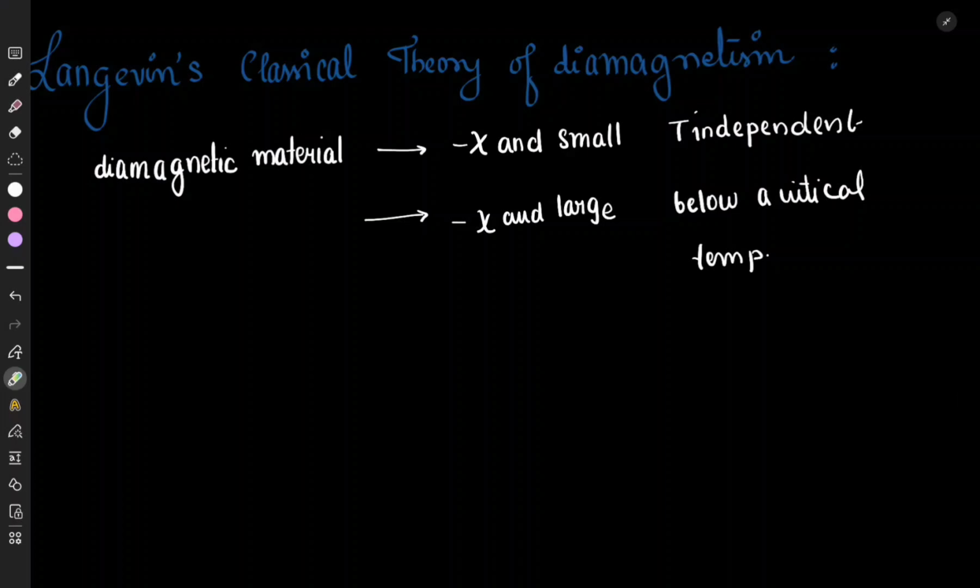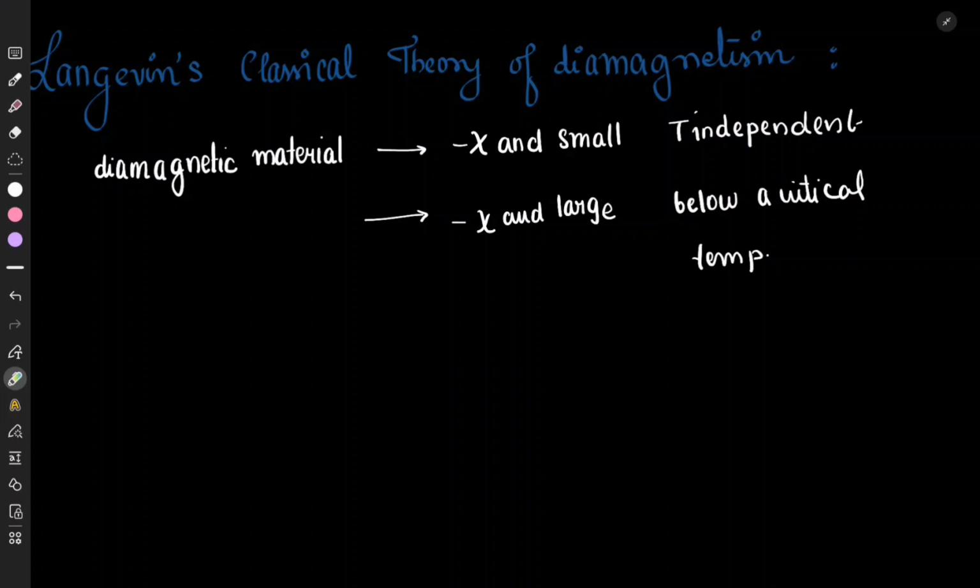The reason why the susceptibility is negative is because, let's consider a case where a diamagnetic substance like silica is kept in an external magnetic field. The magnetization vector in the material will be in the opposite direction to the applied field. So the resultant magnetic field B within the material is less than mu 0 H, which is nothing but the applied field.